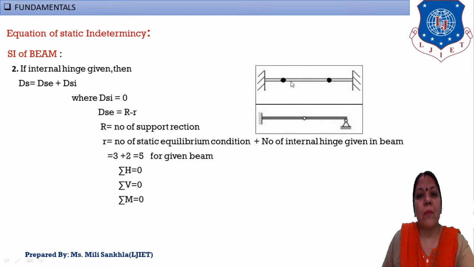Here in fixed beam, two internal hinges are given, so I take the number of internal hinges given in beam simply for calculation. 3 is equal to our sigma H, sigma V and sigma M, and two internal hinges are given, so here I take 2, that means small r is equal to 3 plus 2, that is 5. Small r is equal to 3 our actual conditions and 2 is for these two internal hinges given in fixed beam. That is our DSE, capital R minus small r, when internal hinge is given in beam.